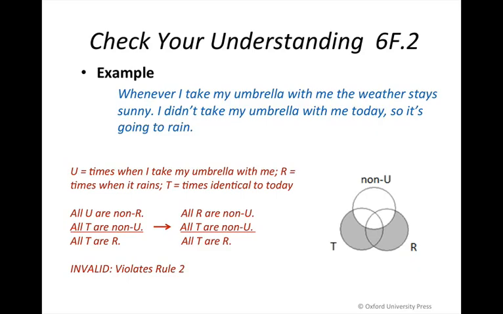So in the first case, what we do is swap the subject and predicate classes and add the complement to each. In other words, the major premise has been contraposed. Remember, contraposition is valid for A and O propositions. We've also contraposed the minor premise.